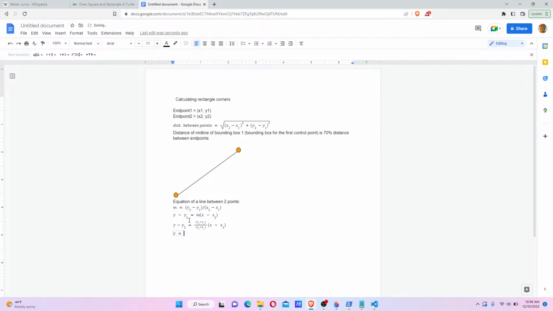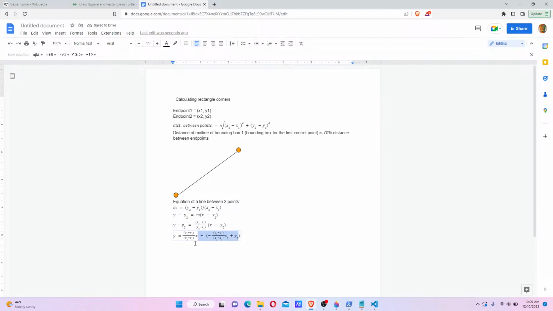So simplify it, now you get y equals m times x, minus that whole thing times x2, plus y2.